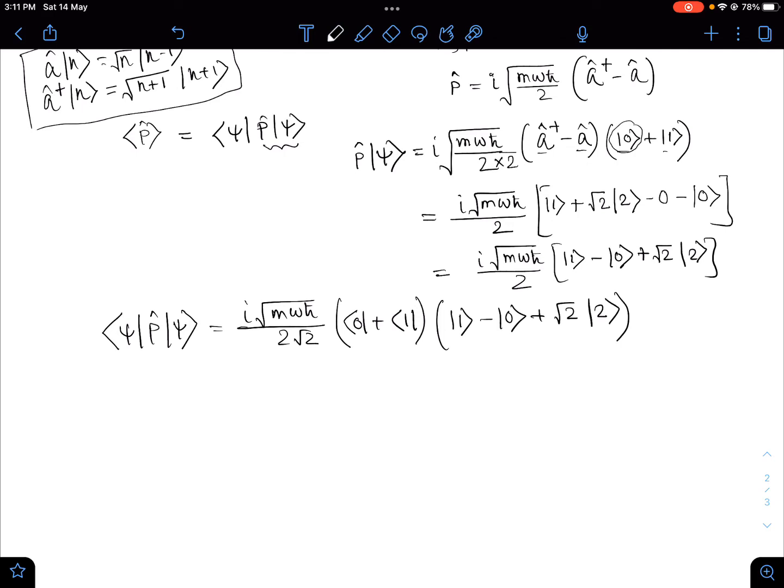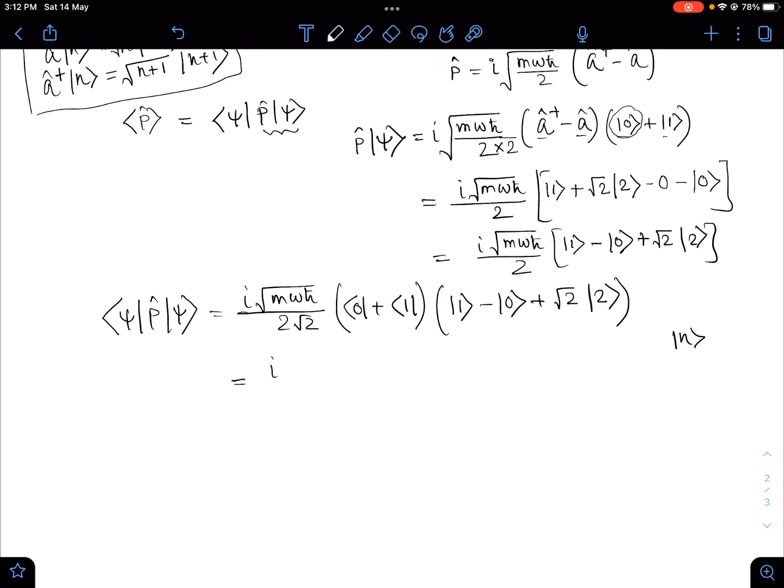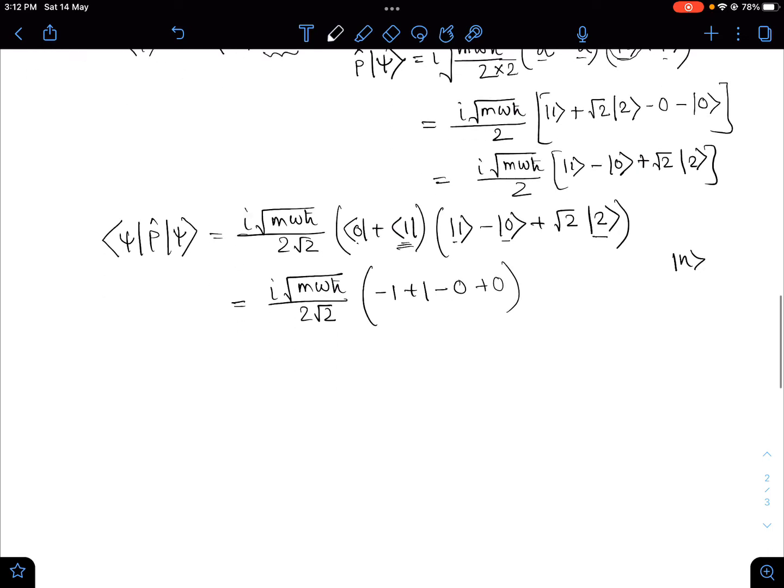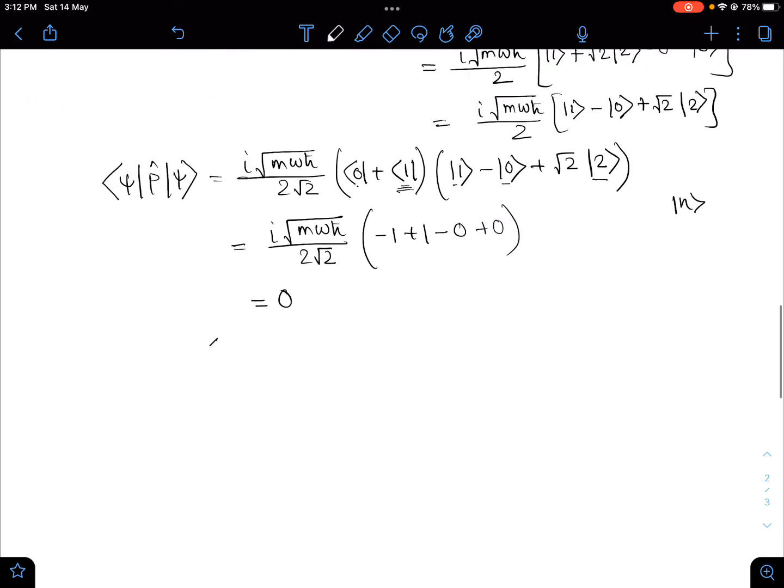Now since these n states are orthonormalized, we can write: the first term will give us 0, the second term will give us 1, and the others will also be 0. So we have 0. So the expectation value of the momentum operator is 0.